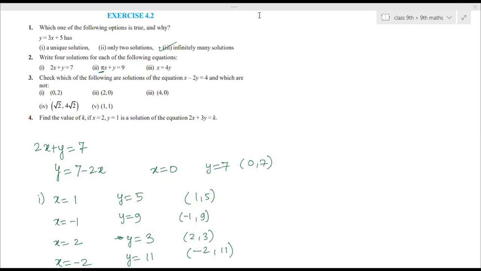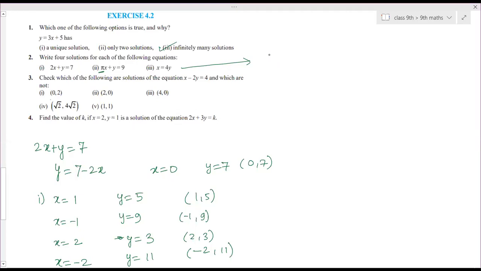Yes, you found the third answer? Amrita, you got the third answer? Yes, ma'am. Can you tell the solutions? Third one, done, ma'am. Aditya? Done, ma'am.